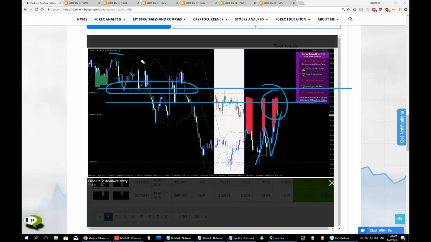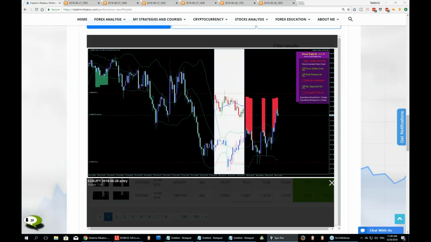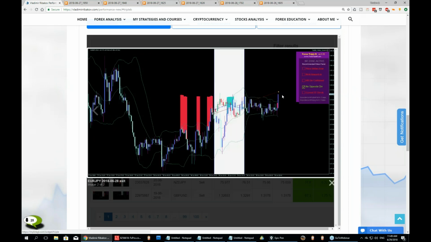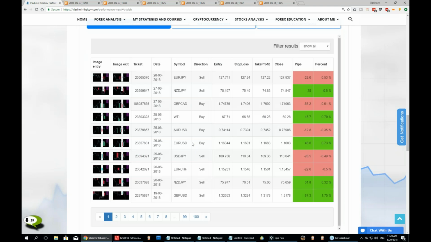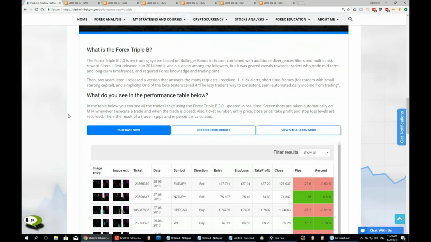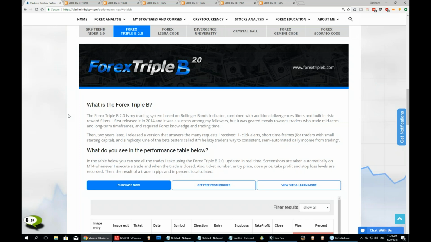So pretty close to this one, and we are going ahead and attacking the sells. Pushed lower, we're looking for the longer term targets, of course, and then it couldn't sustain, but it went higher for a stop loss. So that's about Triple B.